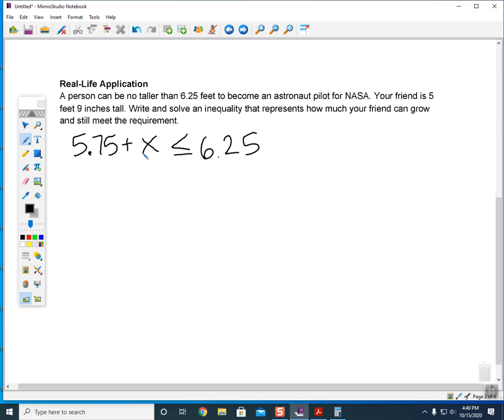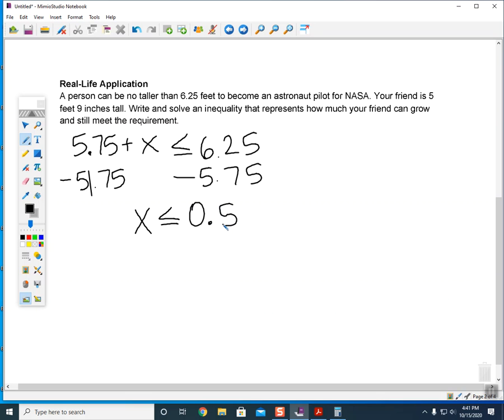Okay, so then I'm just going to solve this, right? I'm going to subtract 5.75 from both sides. Subtract 5.75. I'm left with x is less than or equal to 6.25 minus 5.75, which gives me 0.5.